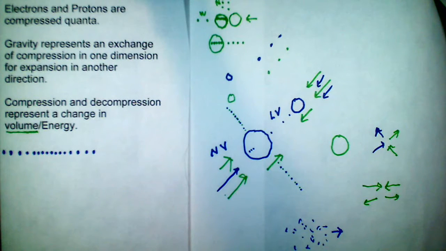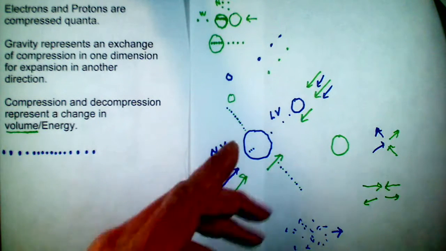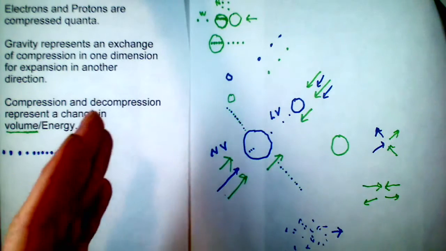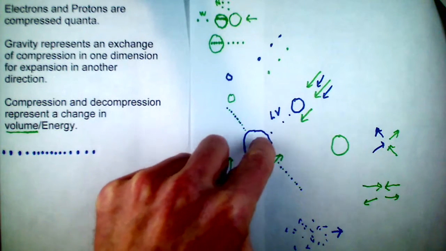What causes compression? Well, it's probably not terribly relevant to the truth of the theory, but it would be an interesting thing to try to figure out, and whether the compression is always permanent. But really, the difference between matter and empty space is just the density of the quanta.